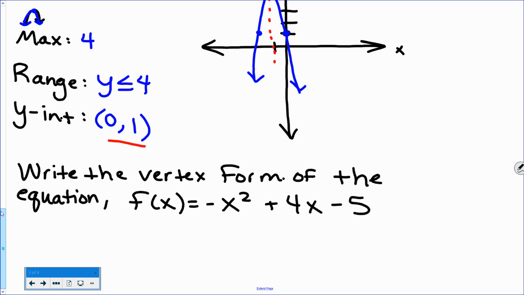So you've been given standard form. We are going to put that into vertex form.